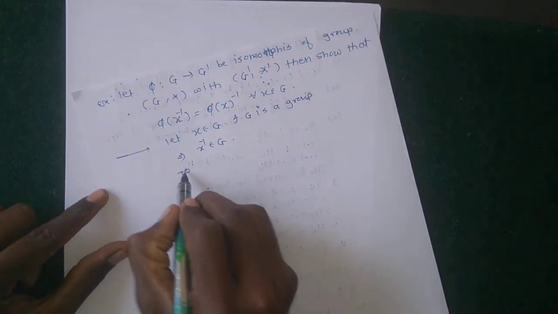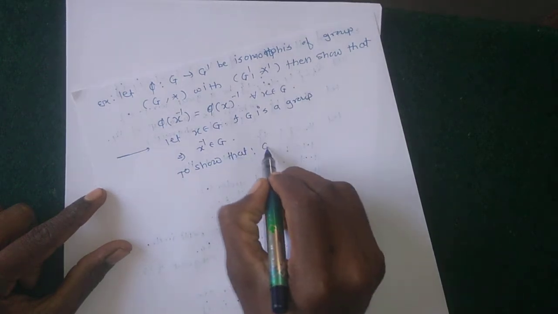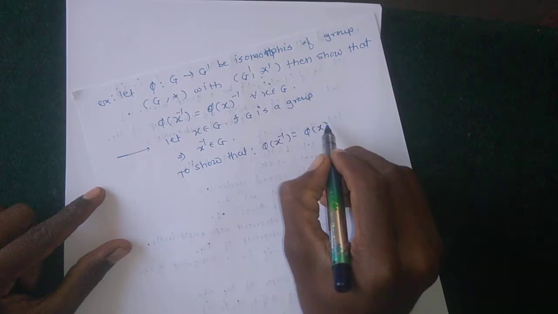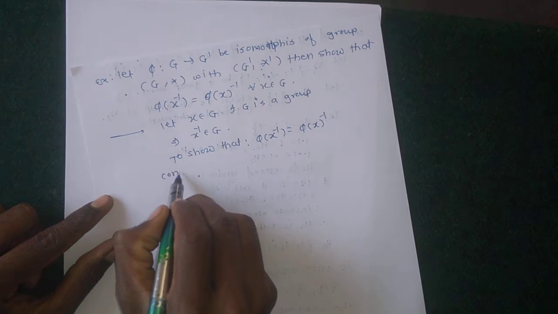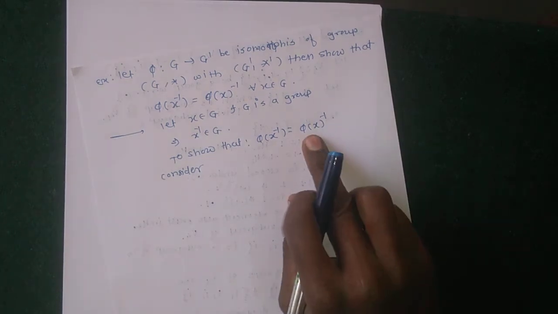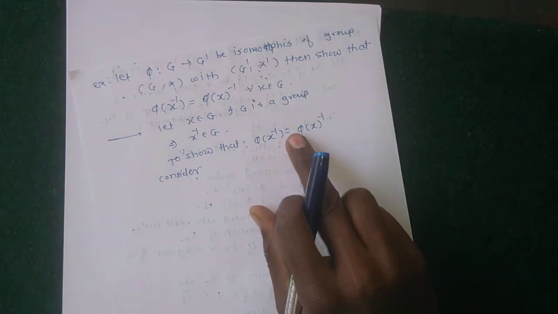What is to show here? To show that phi of x inverse equals phi of x, their whole inverse, for all x belongs to G. Here, what is to show? The inverse of phi of x is phi of x inverse.